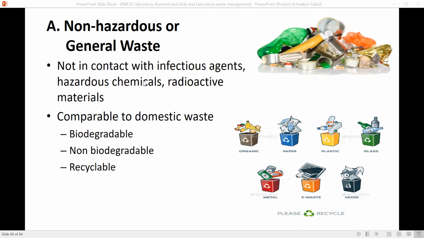And this can be classified whether biodegradable, yung mga leftover food, mga fruit peelings, biodegradable yan, and non-biodegradable, yung mga plastics natin. And then can be, of course, recyclable. Pwede mong i-recycle. Kaya nga sa bahay maganda pag naka-separate na yung mga organic, yung mga biodegradable, nabubulok.